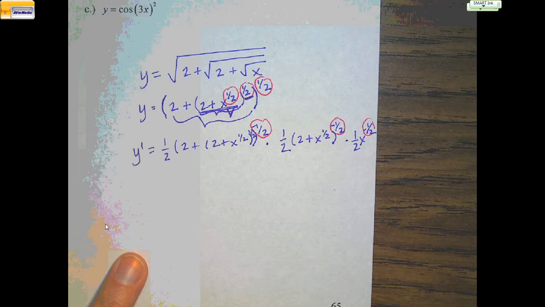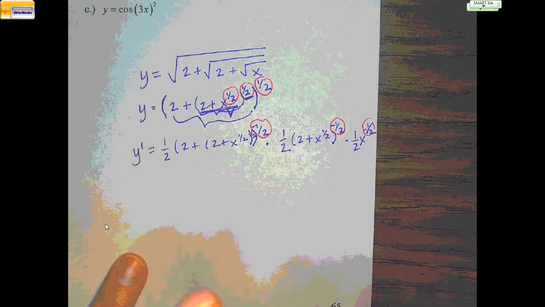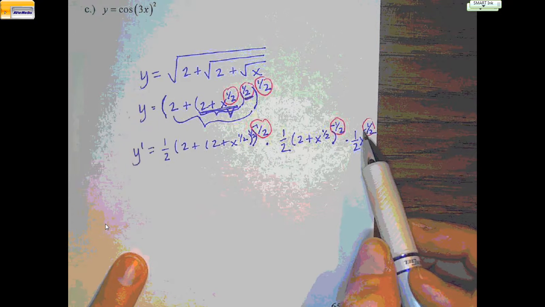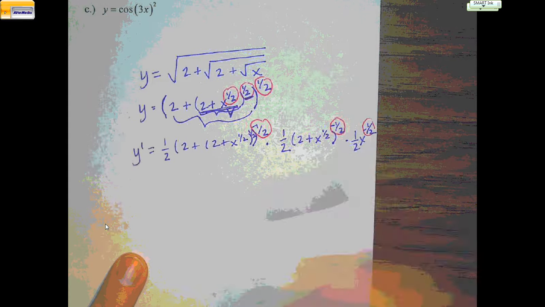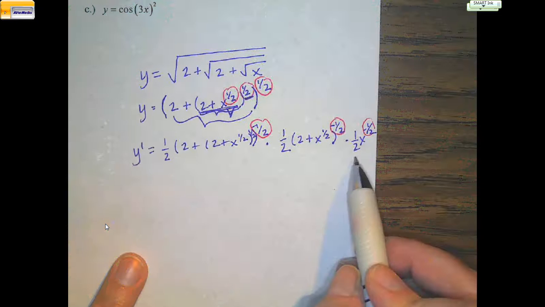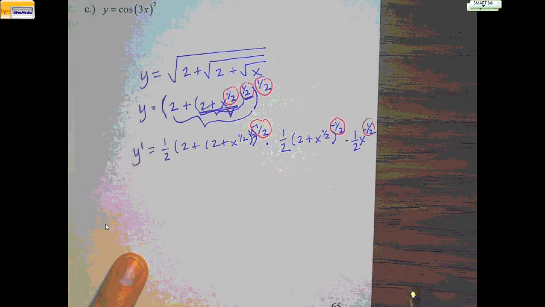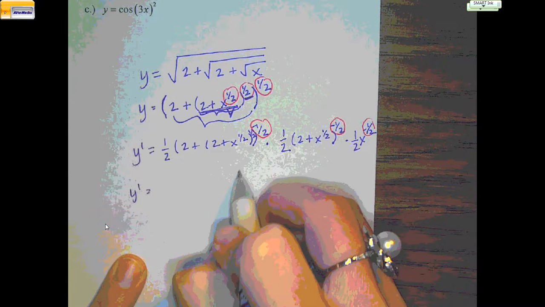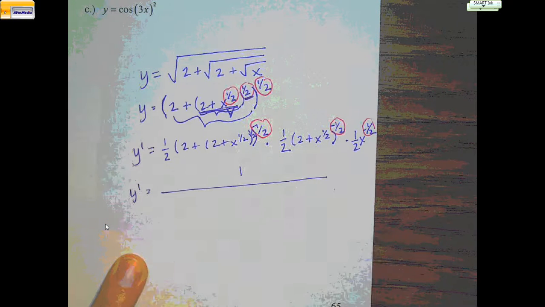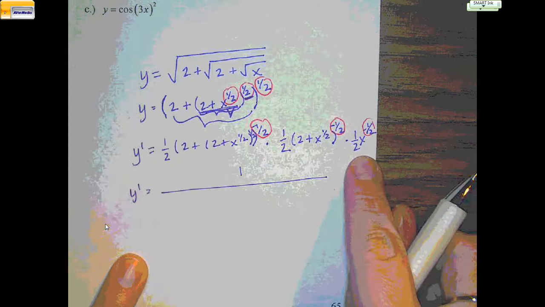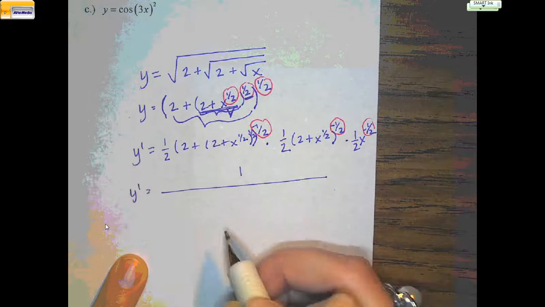Now, if you look at what's going on here, you've got 3 exponents that are negatives, which sends that whole thing to the bottom. I've got a 2 on the bottom, a 2 on the bottom, a 2 on the bottom. If I have a 2, a 2, and a 2 on the bottom, what's 2 times 2 times 2? 8.